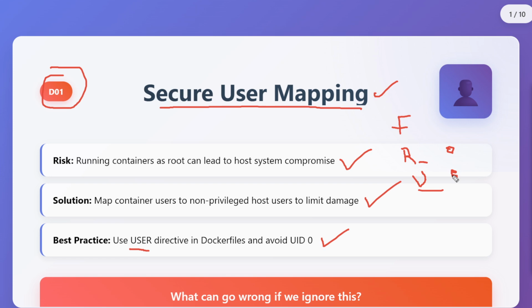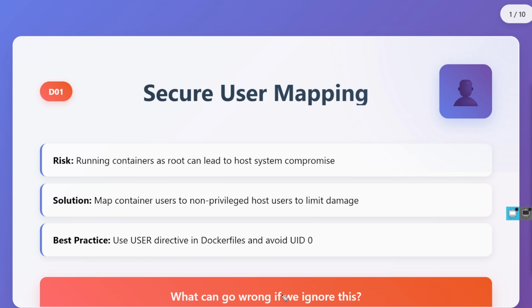This ensures the application runs with limited privileges, reducing the blast radius of an attack.